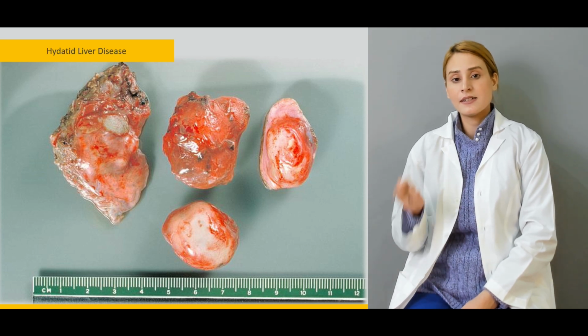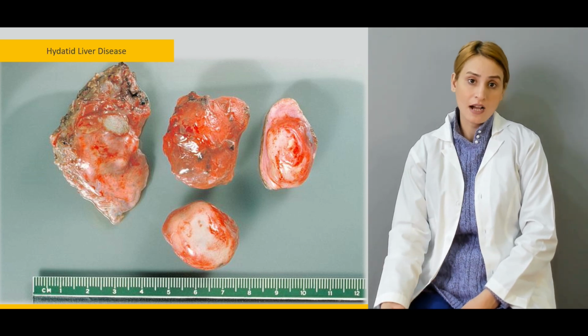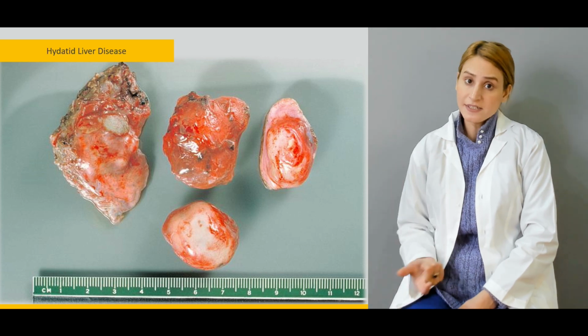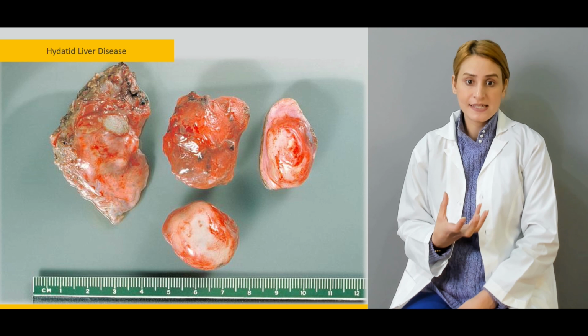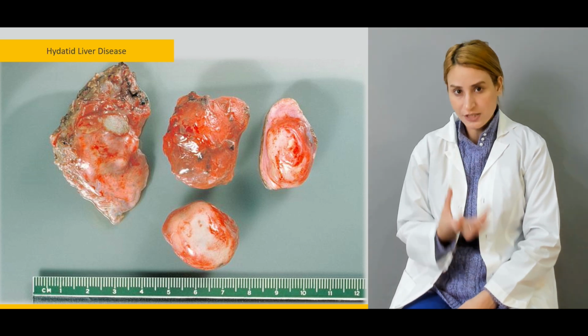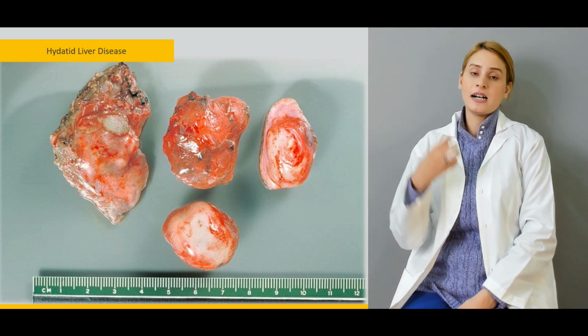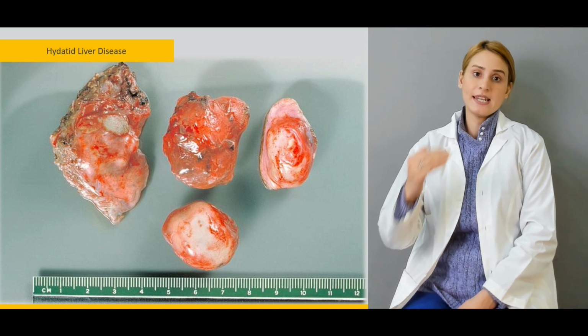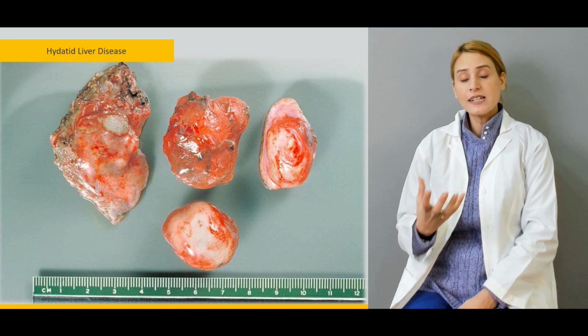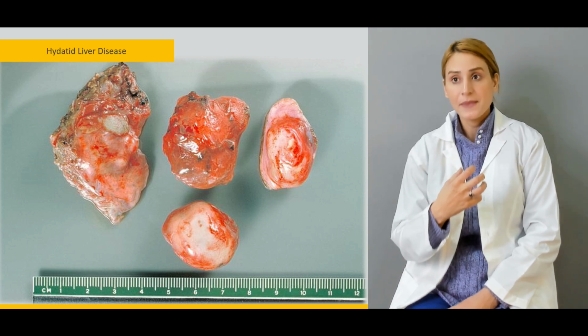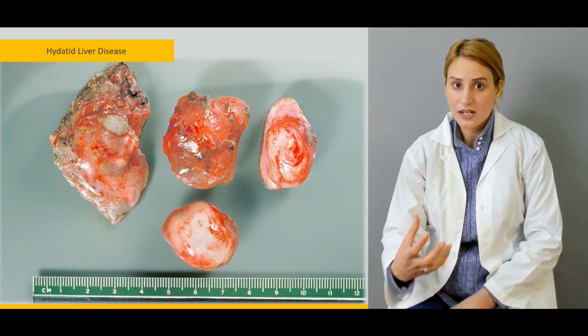Since we're talking about different kinds of infective diseases, there's another disease which is called hydatid disease. Hydatid disease is very important to discuss, because the causative organism behind this is Echinococcus granulosus. Echinococcus granulosus is usually present in the dog intestine.